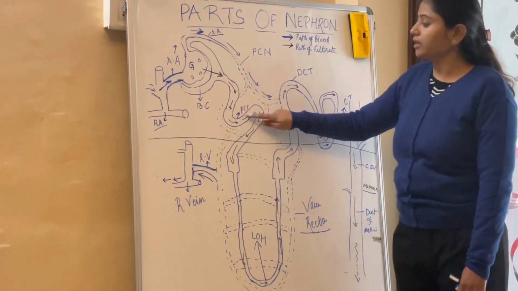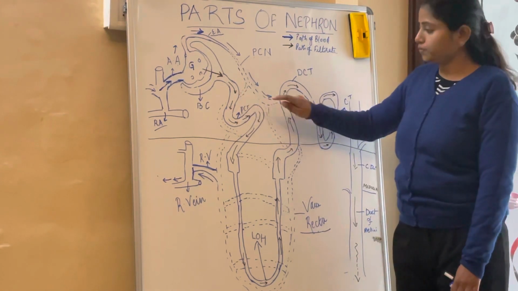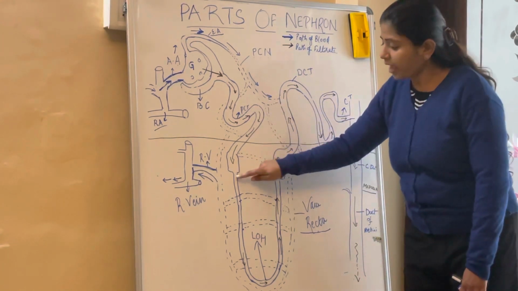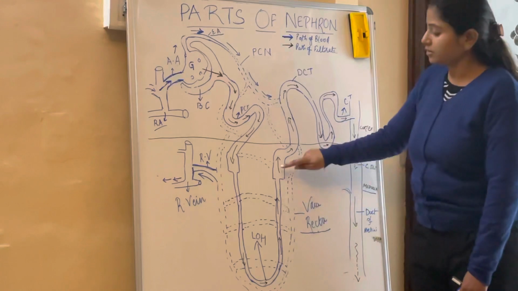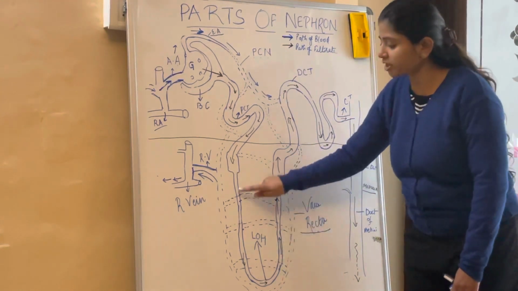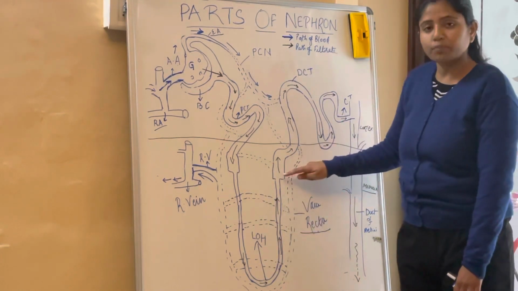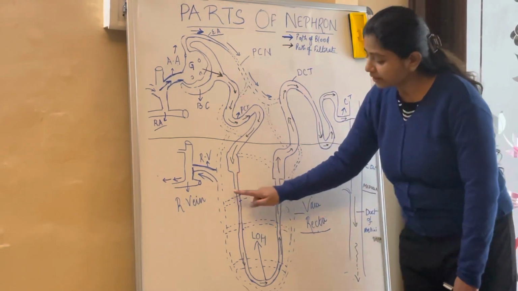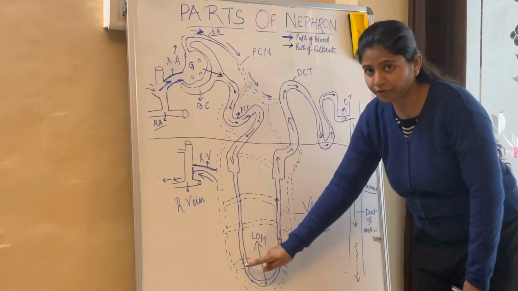Then we have this tubular structure. This is the proximal convoluted tubule. Then the proximal convoluted tubule comes down and makes a loop. This U-shaped loop is called the loop of Henle. Now this loop of Henle is divided into the descending limb and the ascending limb of the loop of Henle.